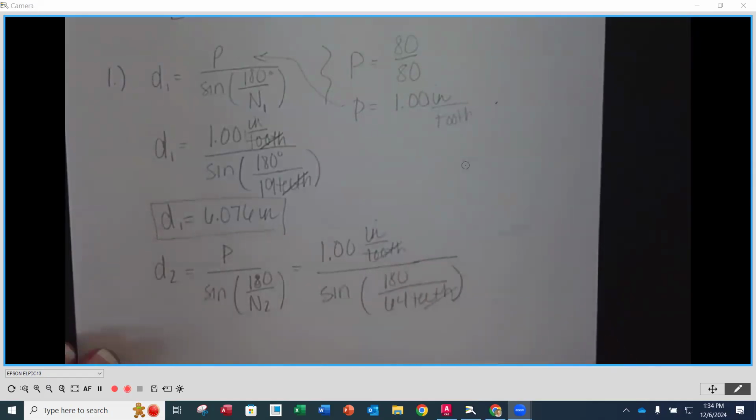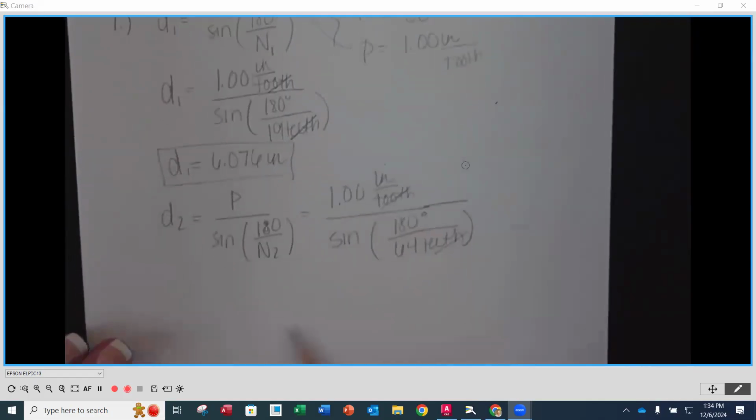You cancel out, 6 degrees, going to be a decimal underneath. So our D2 is 20.38 inches.